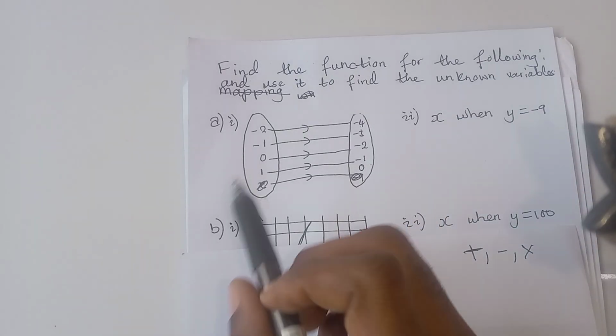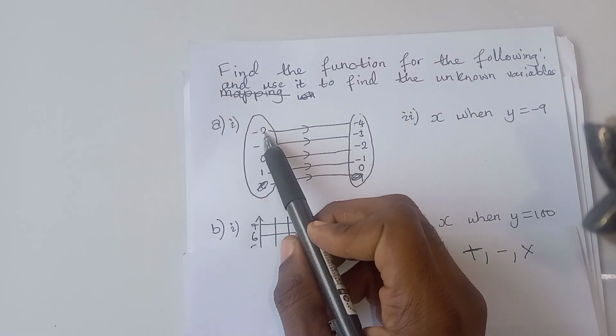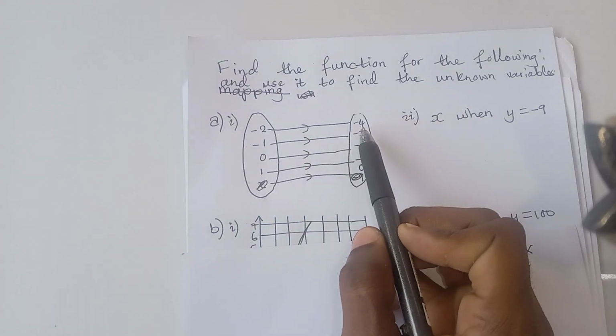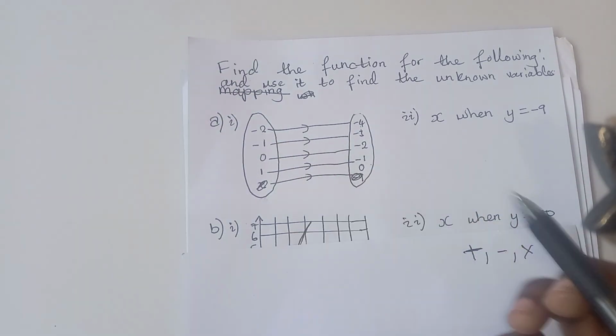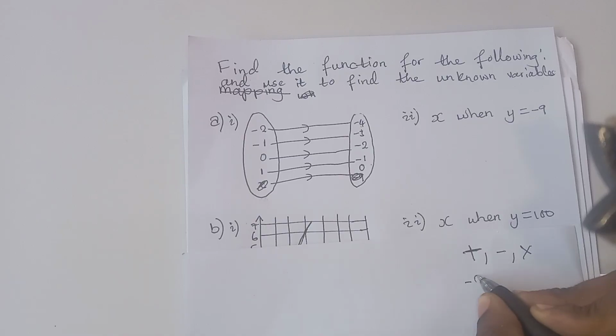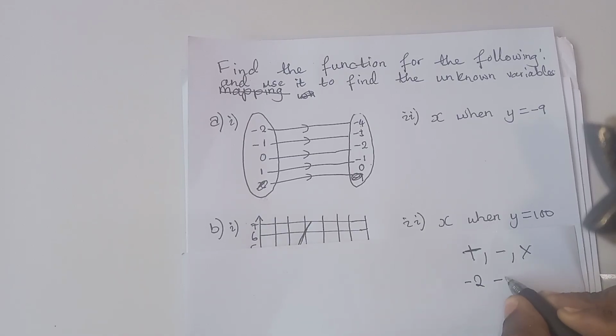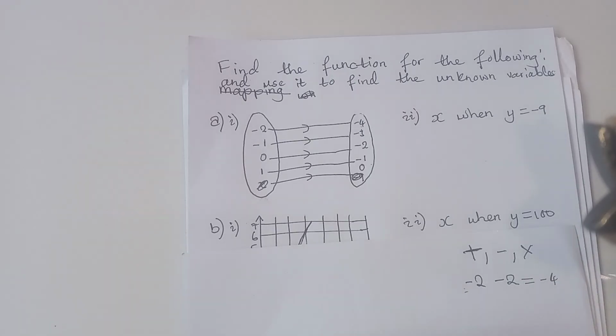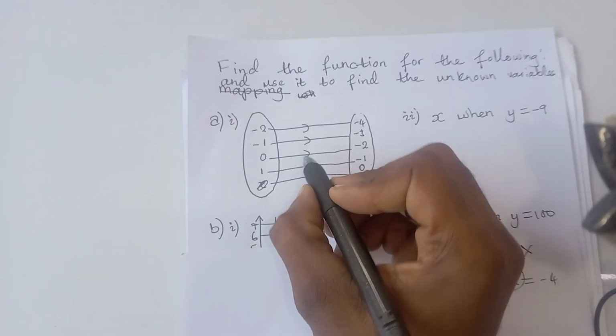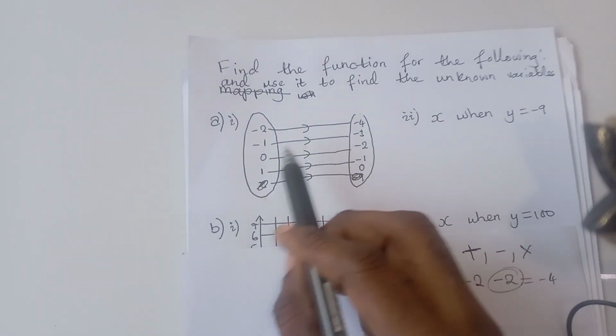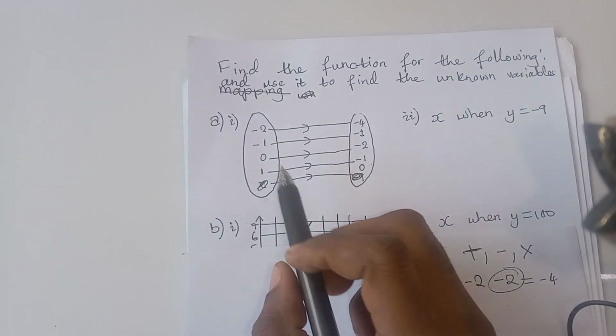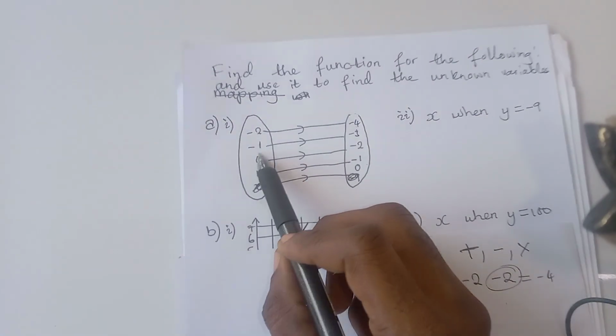Let's try addition. For you to get -4 from 2, it means a 2 is being subtracted. Now let's see if the same 2 will work on the second pair of coordinates, or ordered pairs.